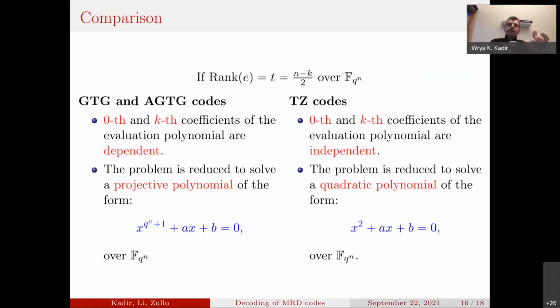For the first one, the problem is reduced to a projective polynomial in this form, but for the second family, the problem is reduced to solving a quadratic polynomial equation over F_{q^n}. So this is the difference, and we can see that TZ codes can be decoded more efficiently and with much lower complexity.